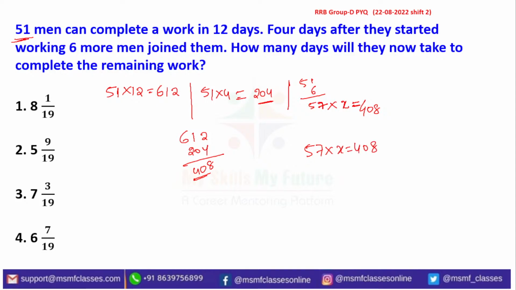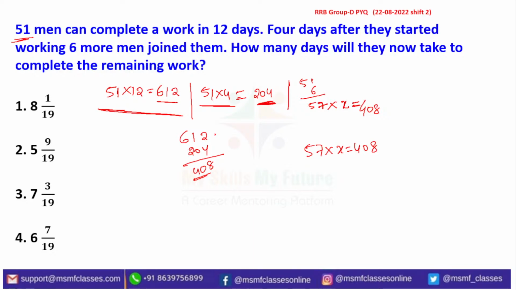See the question, it is a simple logic. 51 men can complete a work in 12 days. So if we multiply 51 into 12, we get total men work. After 4 days, 51 men into 4 days have already completed 204 men work.